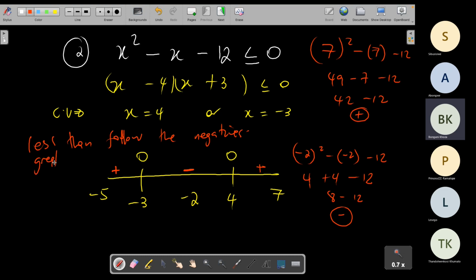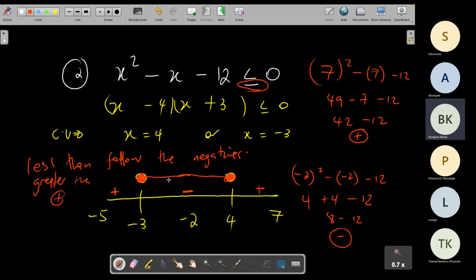Greater than, you follow the positives. So here, we are following the negatives. Negatives are here. So that means this side will go that side. This one will also come this side. Then we end up joining them like that. Are we okay? And then do we shade? We shade because we have that part over there. Yes, we will shade, like that.